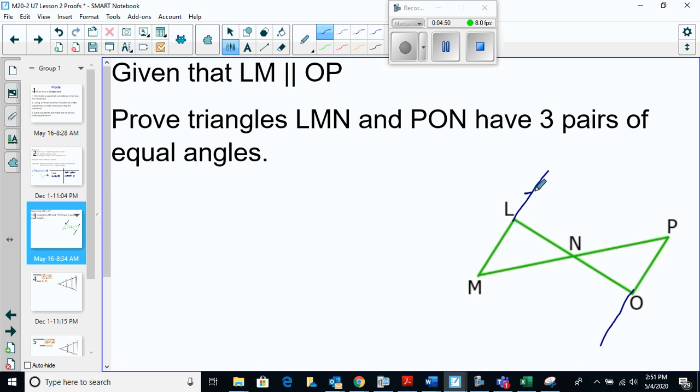So if two lines are parallel to each other, then the line, I will just draw it with a different color, LO is the transversal line.